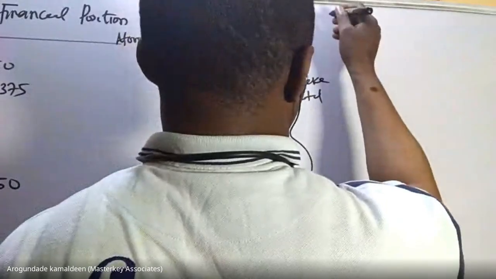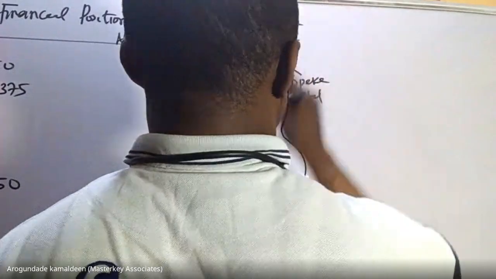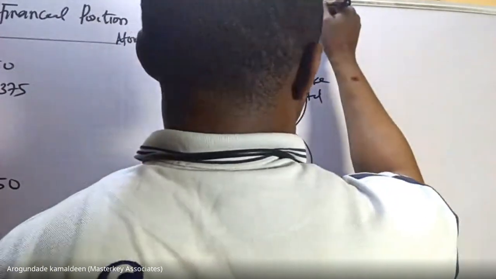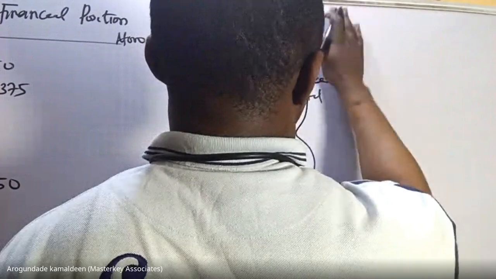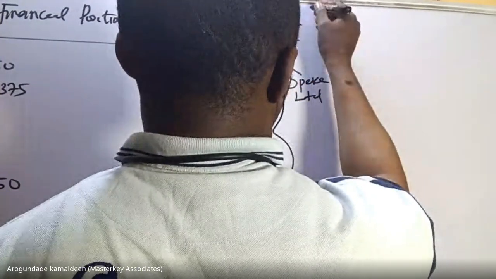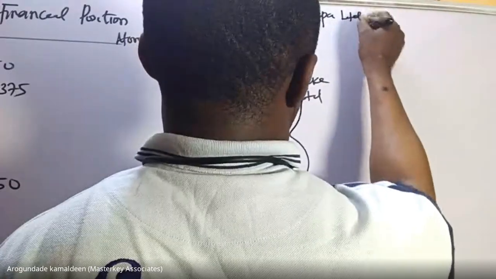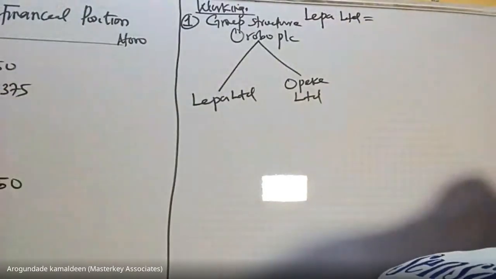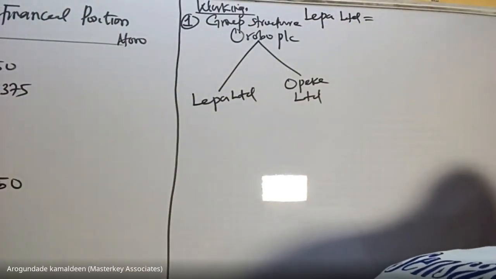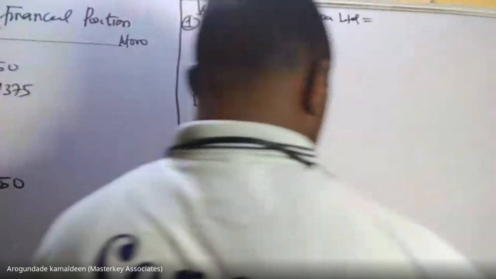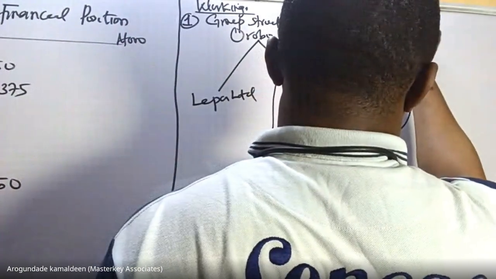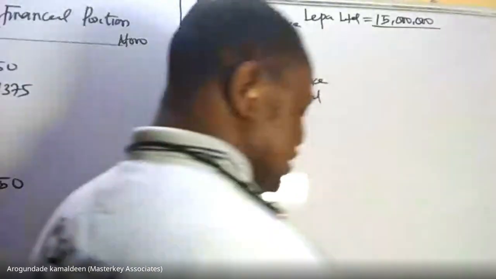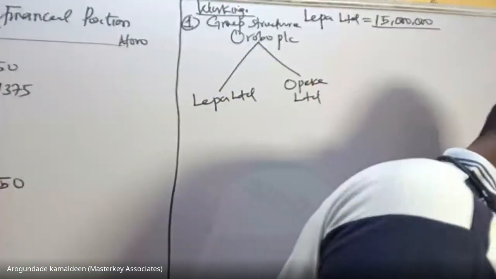Now for Lepa, what is the total number of shares that we bought there? 15 million ordinary shares over the total number of shares in Lepa.